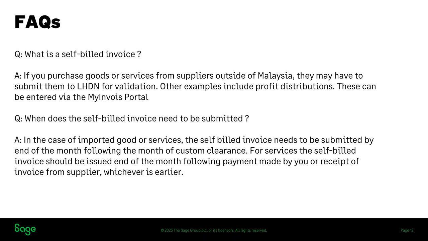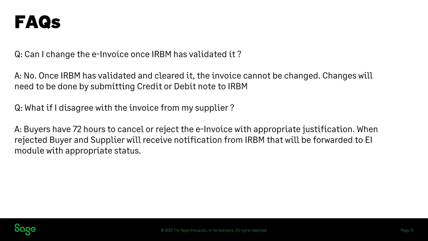Okay, moving on. What happens once the invoice gets submitted and has been validated by IRBM? Well, and we briefly talked about this earlier, you've got basically 72 hours to either accept, cancel, or reject this invoice, okay?